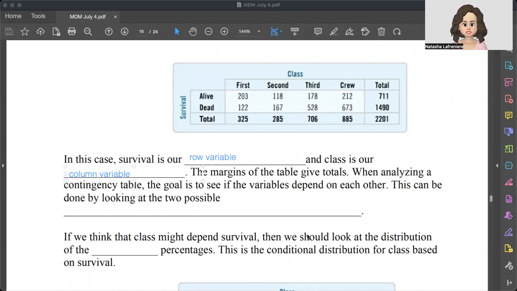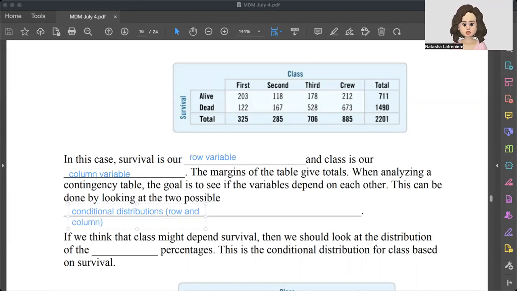When analyzing a contingency table, the goal is to see if the variables depend on each other. This can be done by looking at the two possible conditional distributions, our row and column.